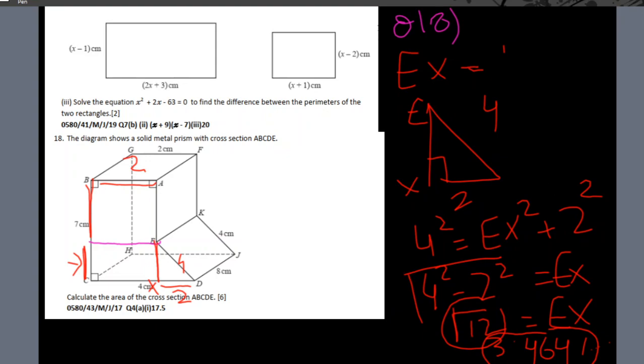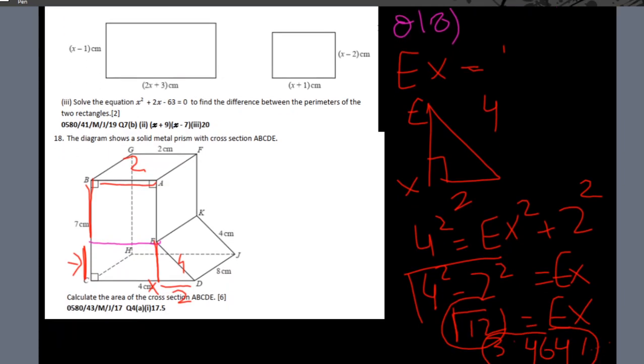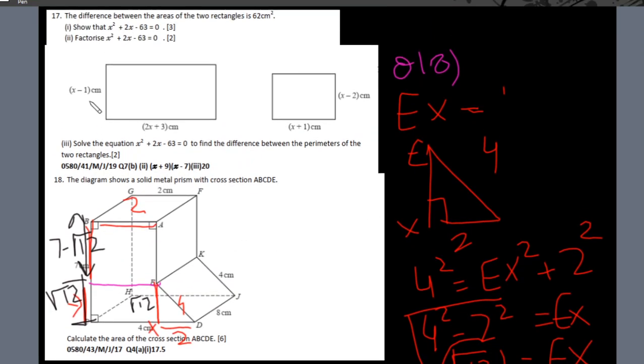So let me do the rest of the working here. If this came out to be root 12, which means this length is also root 12, which means this length is 7 minus root 12. Alright, so now let's simply insert the values.